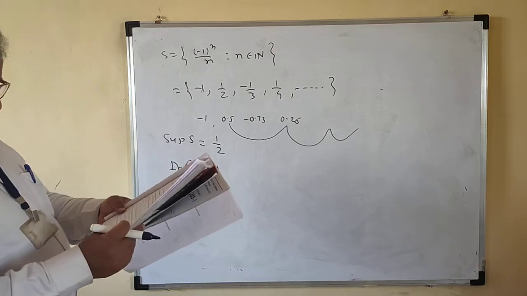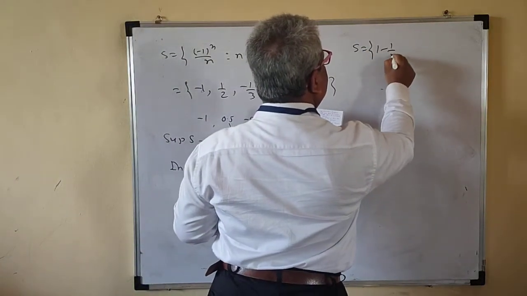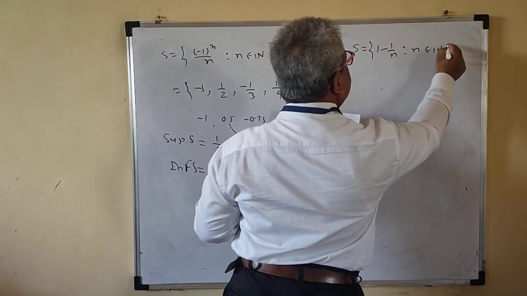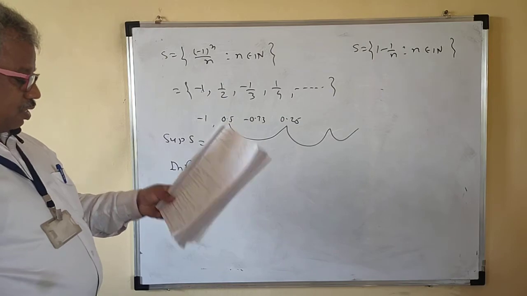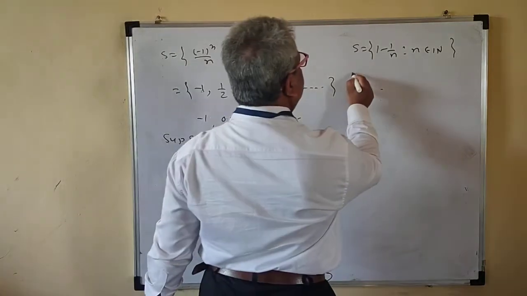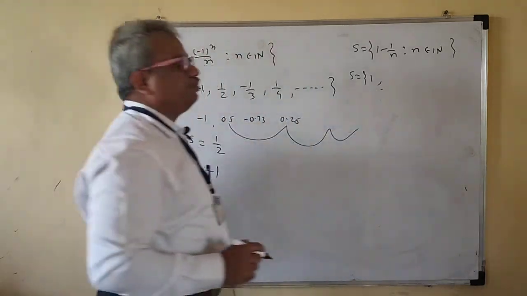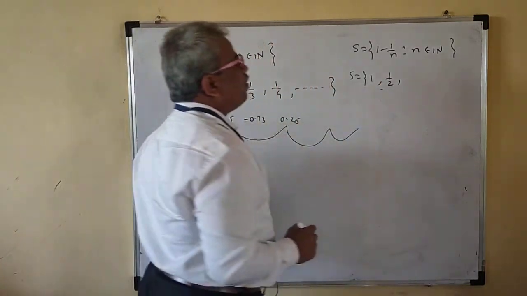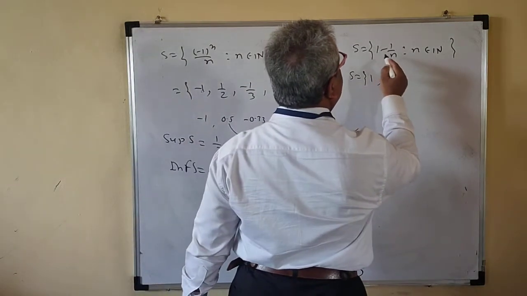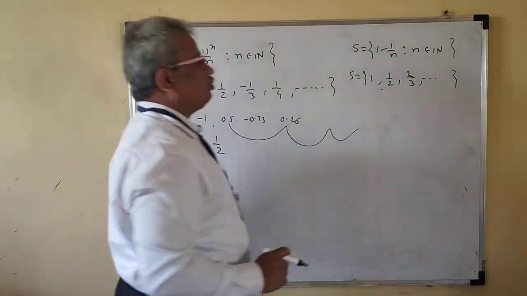Now S is equal to 1 minus 1 by n, n belongs to N. So what is this then? If n is equal to 1, then this will be 0. If n is equal to 2, then this is half. If n is equal to 3, then this is 2 by 3, and so on.